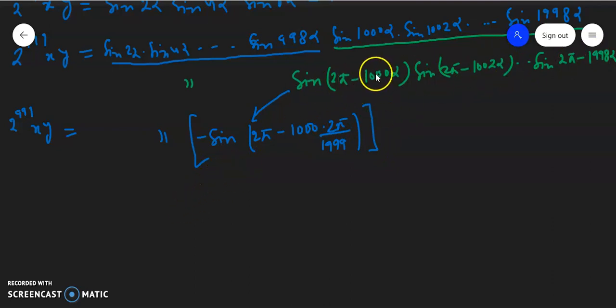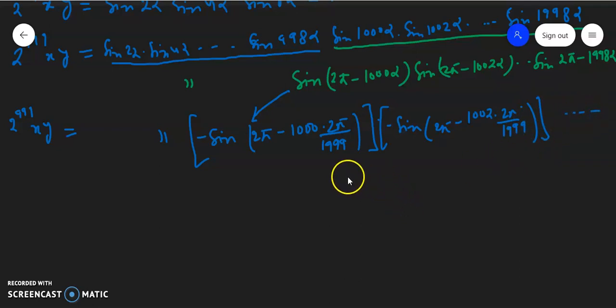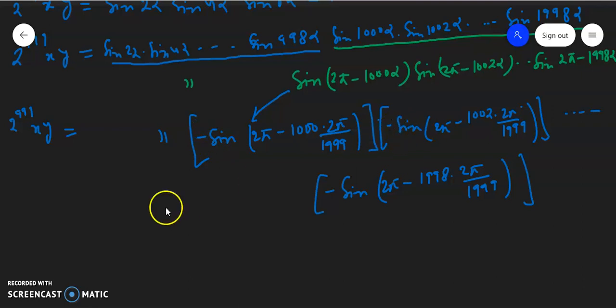The next term is minus sine of 2 pi minus 1002 times 2 pi by 1999, and so on. The last term is sine of 2 pi minus 1998 times 2 pi by 1999, and since there are an even number of terms, I will cancel out this negative sign.